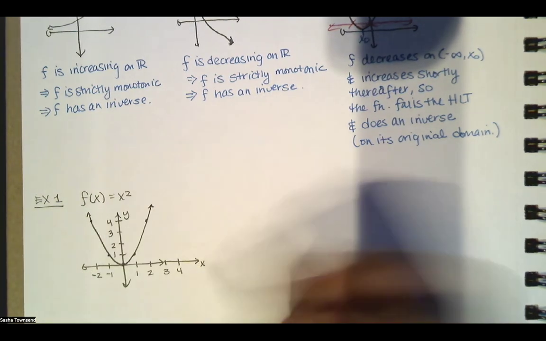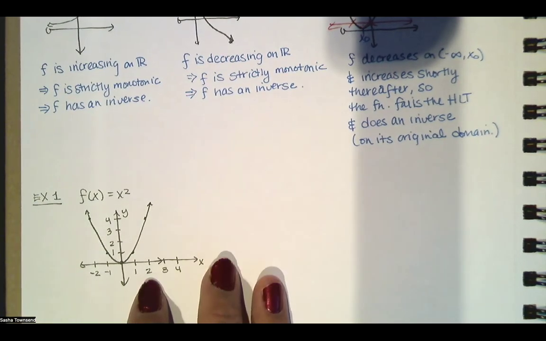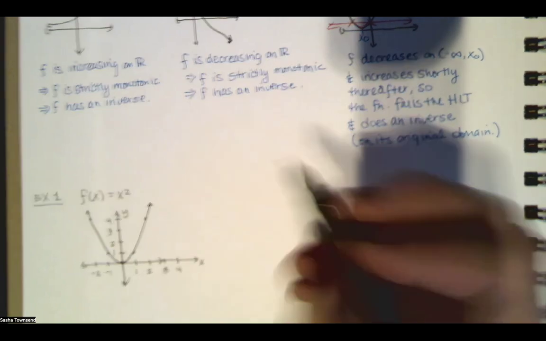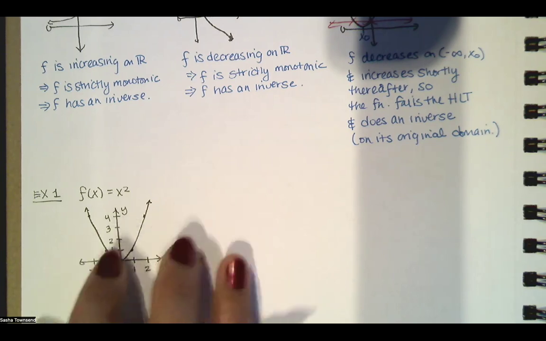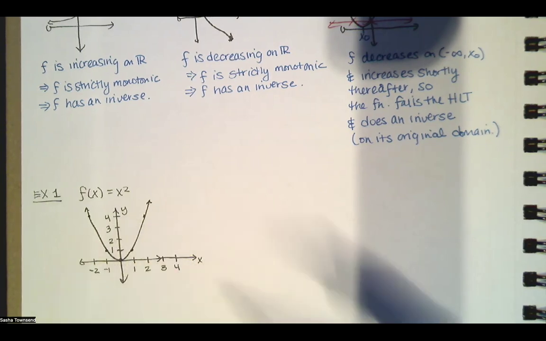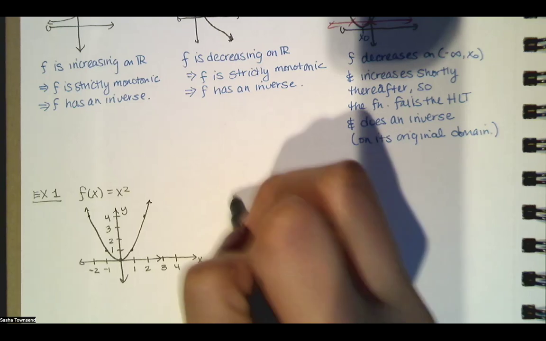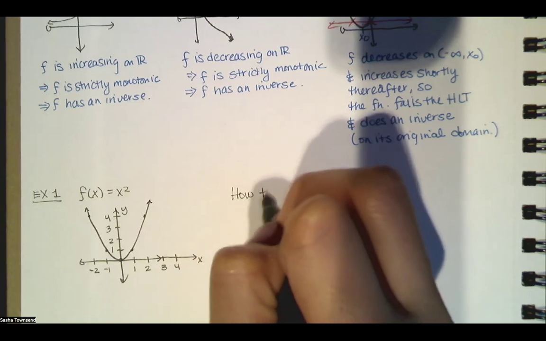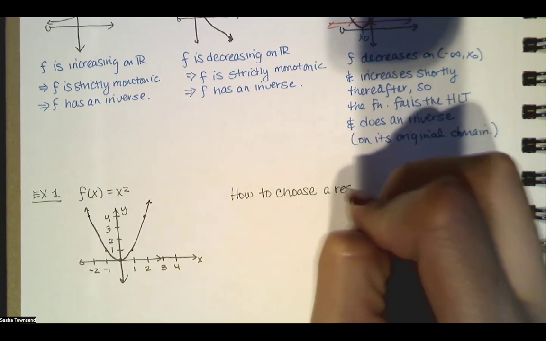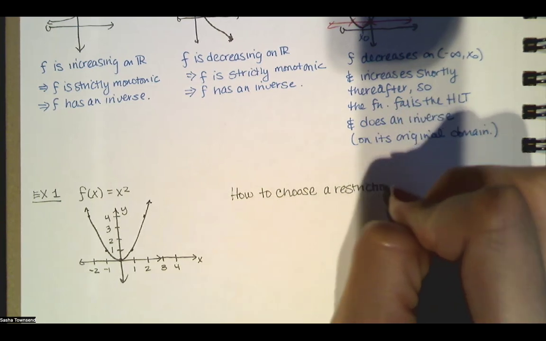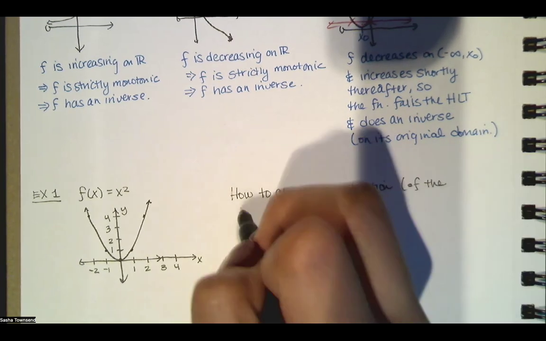We say, let's choose a restriction so that the function does have an inverse. This is a technique that we can use in general, but we're just applying it to this particular example. I guess this is my advice on how to choose a restriction. And it's a restriction of the domain of f.